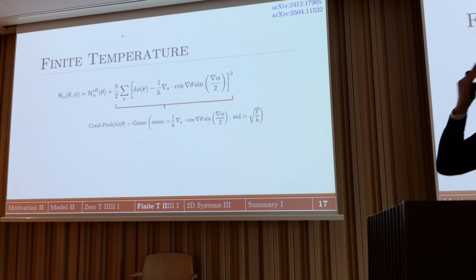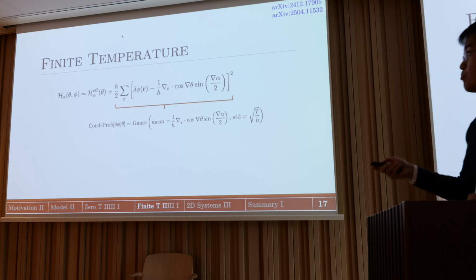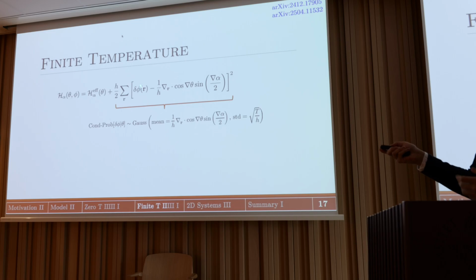Okay. What this tells you is that if I were to fix the average phase, then delta phi has a conditional probability that is Gaussian, right? It's just quadratic. It has some mean and some standard deviation.